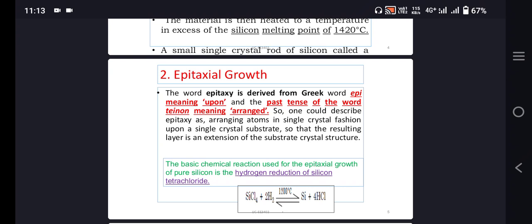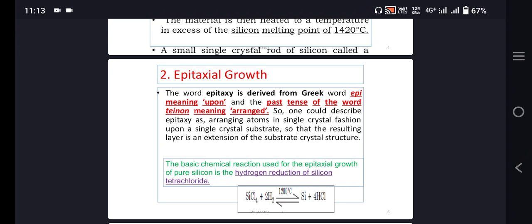Here the epitaxial growth word is from the Greek word. Here epi meaning is upon. Taxis is nothing but arranged. The basic chemical process or reaction used in the epitaxial growth is hydrogen reduction of silicon tetrachloride.